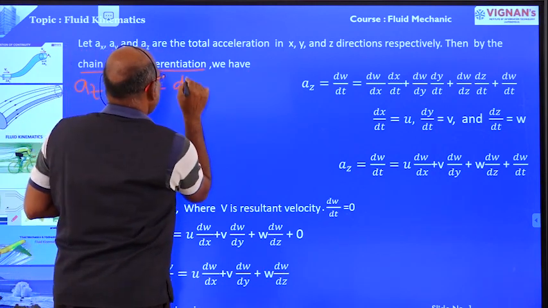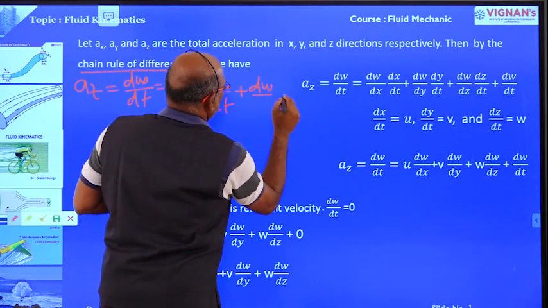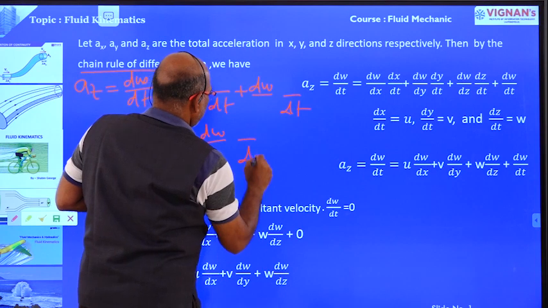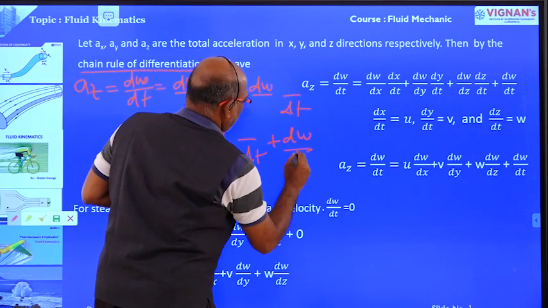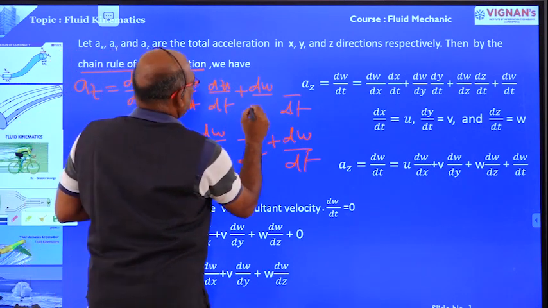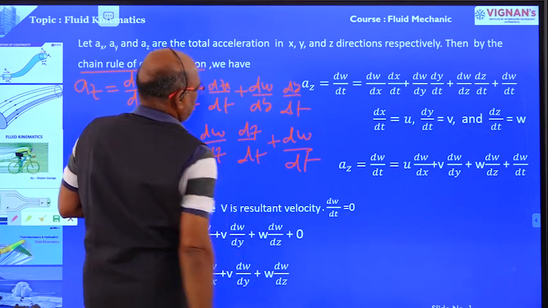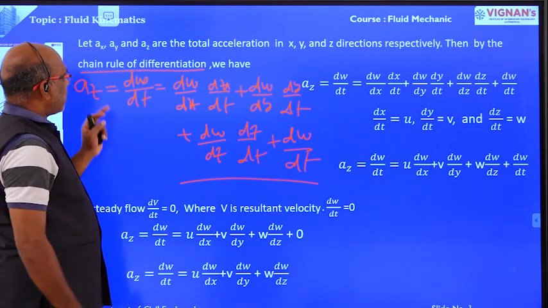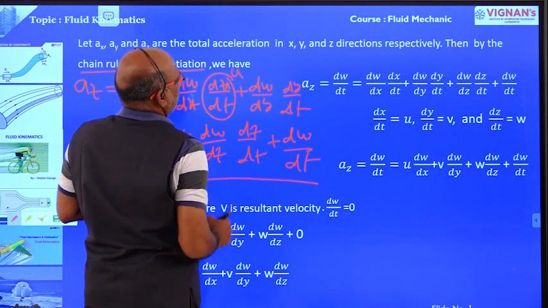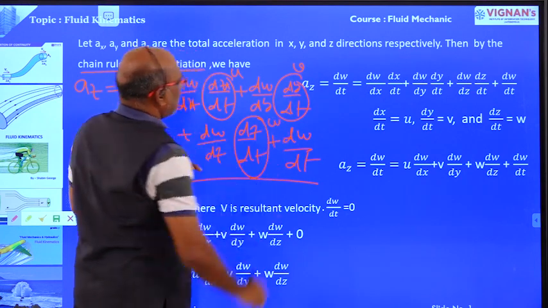That is dw by dt plus dw by dx times dx by dt, plus dw by dy times dy by dt, plus dw by dz times dz by dt. This is the equation for the determination of acceleration in z direction, and also dx by dt is equal to u, dy by dt is equal to v, dz by dt is equal to w, that I have already given.